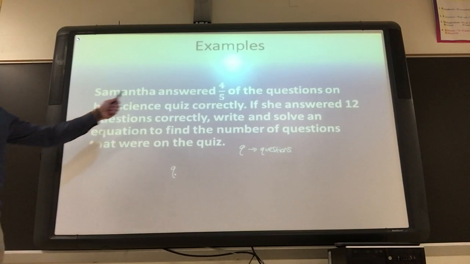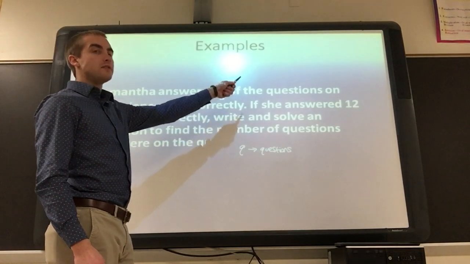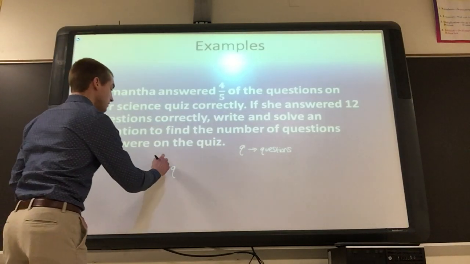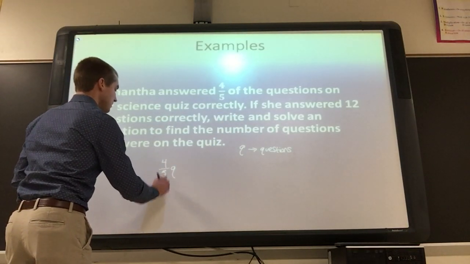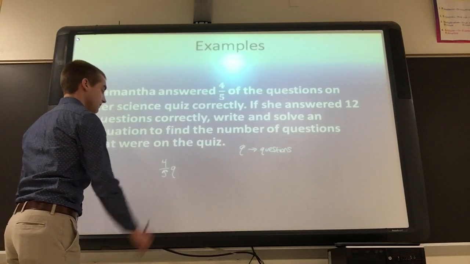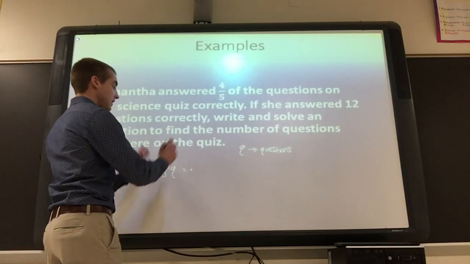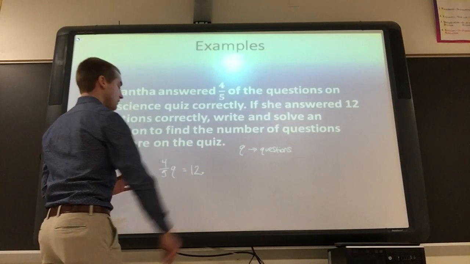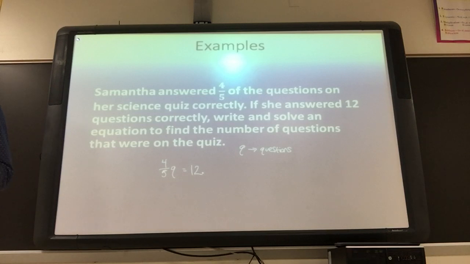Well, Samantha answered 4/5 of the questions. 4/5 of the questions would be 4/5 times the number of questions, or 4/5 Q. And that equals, she answered a total of 12 questions correct. So basically 4/5 of the total would be 12 that she answered correct.